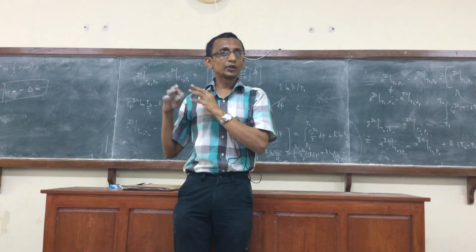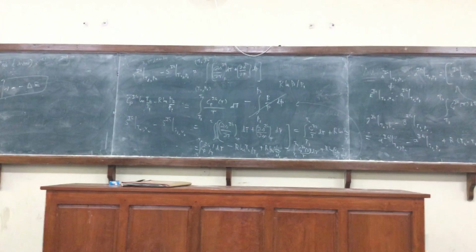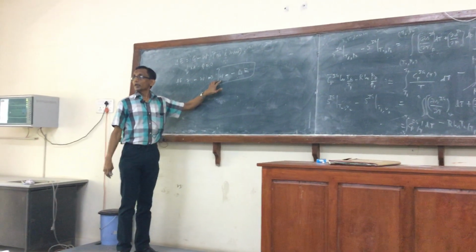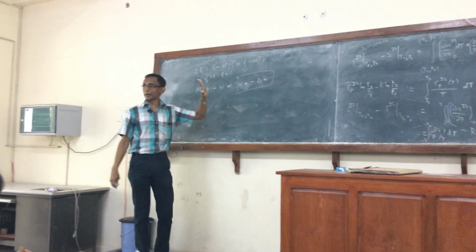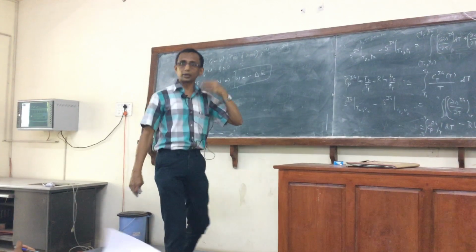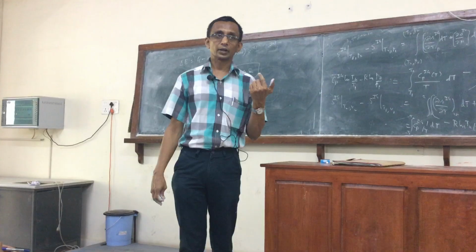So without any reference to what is happening in between, I can calculate the work done in the process. This is very important. This is of course only for an adiabatic process. If you consider non-adiabatic, you have to somehow give the heat input.